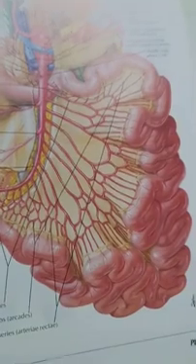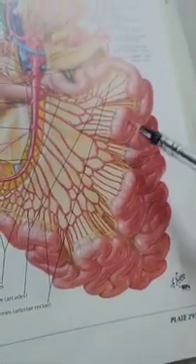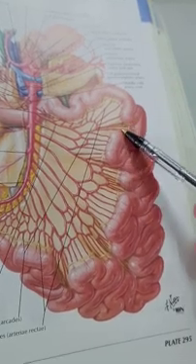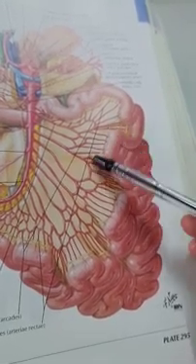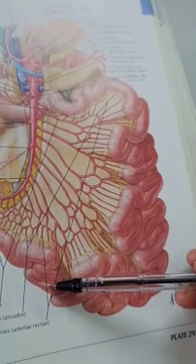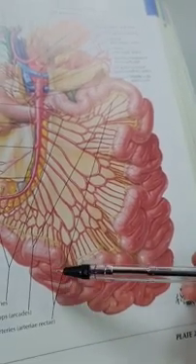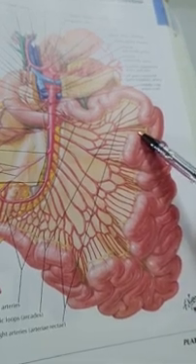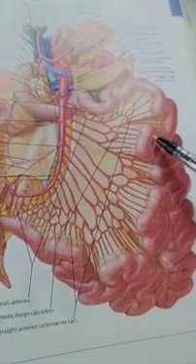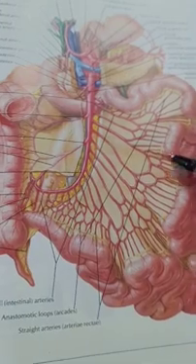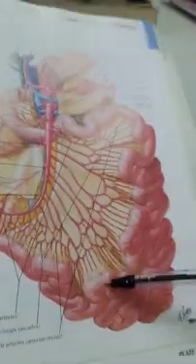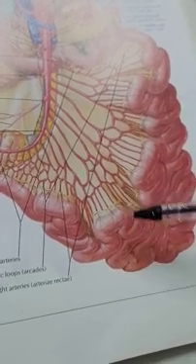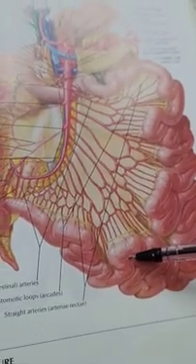Location we already told. The jejunum is seen towards the upper and left part of the intestinal area, and the ileum towards the lower and right part. On the thickness of the walls, the jejunum wall is thicker than the ileum.